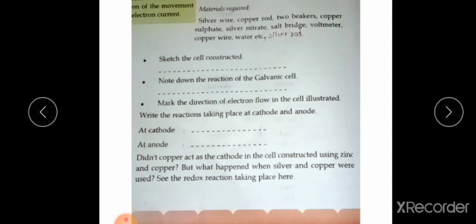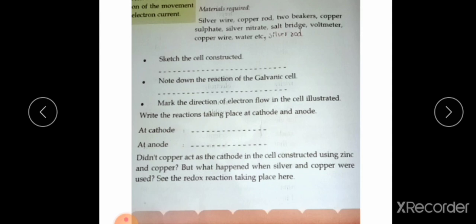We already studied that in the case of displacement. You can refer to the displacement equation in the case of silver. After writing the oxidation equation and reduction equation, you have to write the redox equation, that is the combining of the oxidation equation and reduction equation.